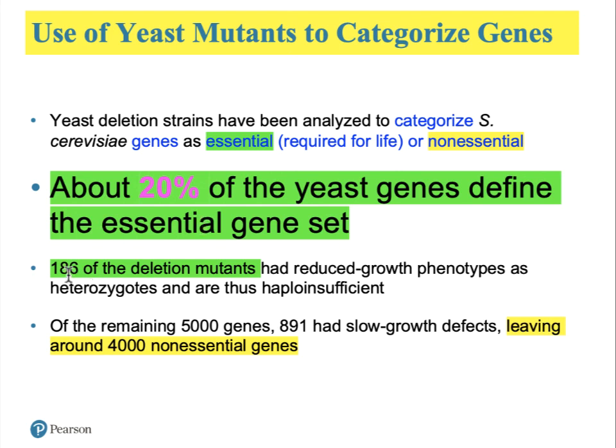That means 186 of the deletion mutants had reduced growth phenotypes as heterozygotes and thus were haploinsufficient. Of the remaining 5,000 genes, 891 had slow growth defects that left 4,000 non-essential genes.